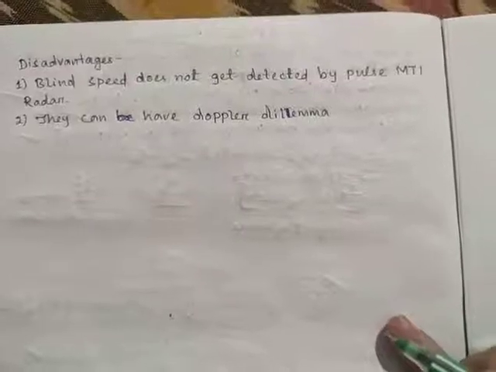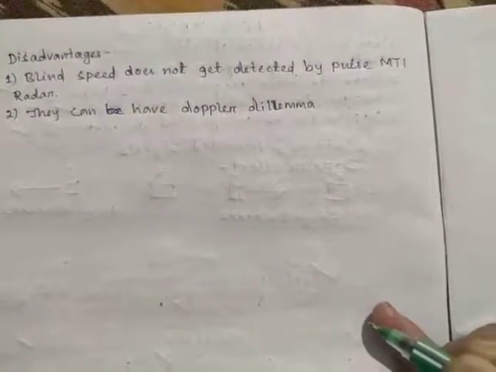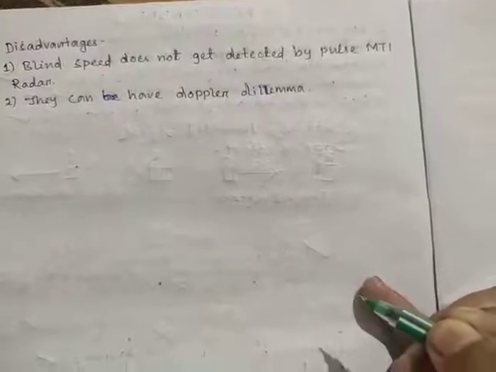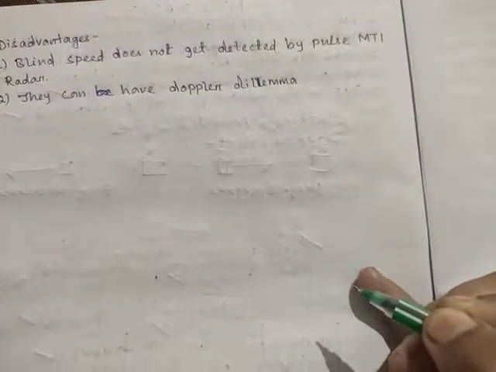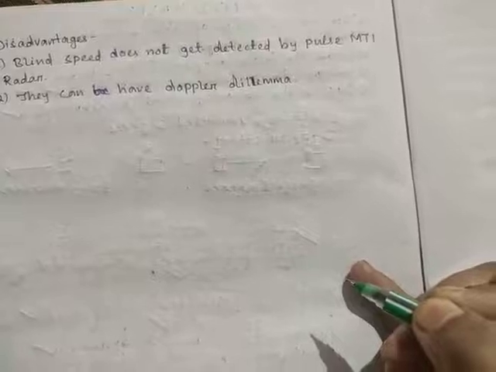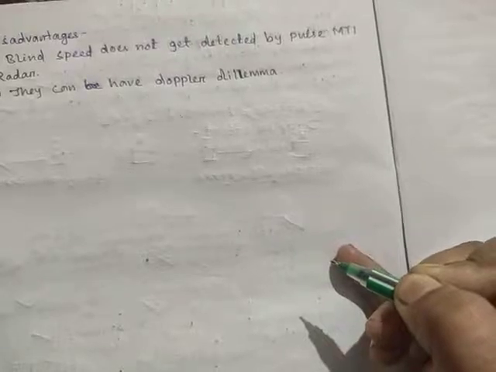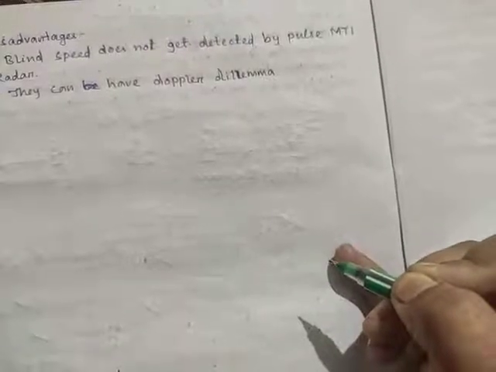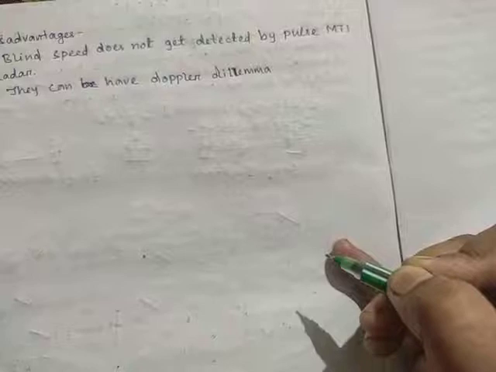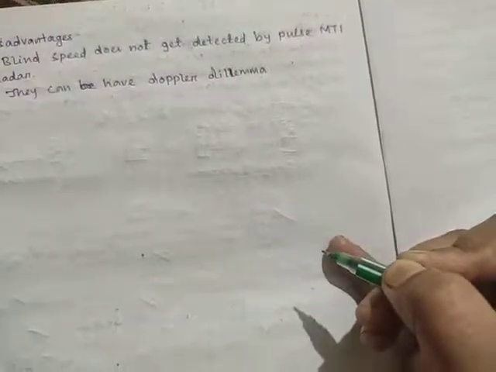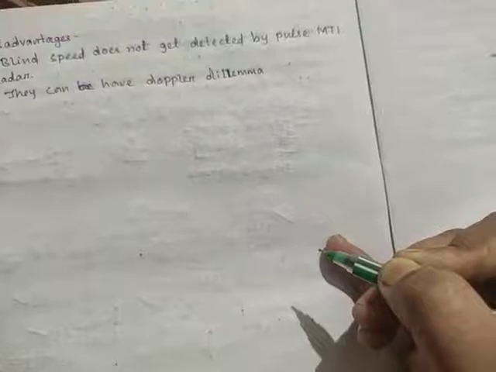The first disadvantage is that blind speed does not get detected by pulse MTI radar. What is blind speed? Radar blind speed is the speed at which the target cannot be measured by the radar. This occurs because of the relationship between the transmitted pulse repetition time and received pulse repetition rate.